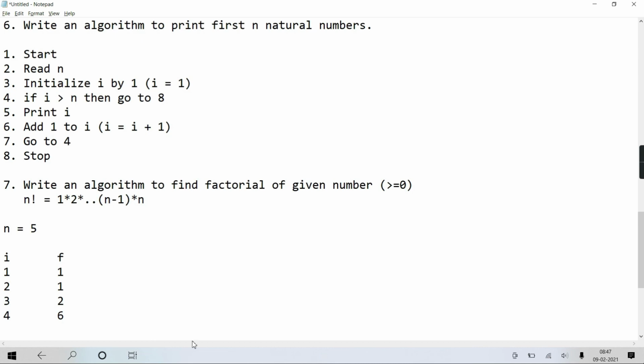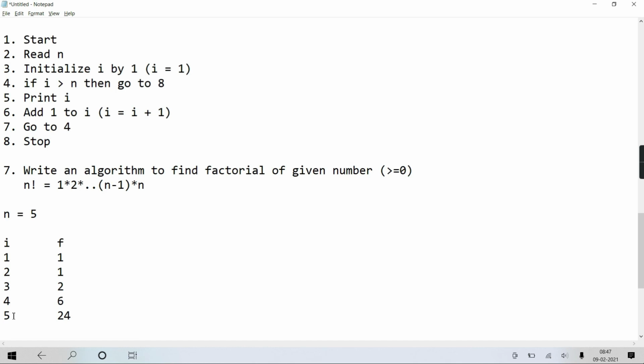Is 4 greater than 5? No. So again multiply and store in f and increment I by 1. Again, is 5 greater than n? No. So again multiply and increment I by 1.